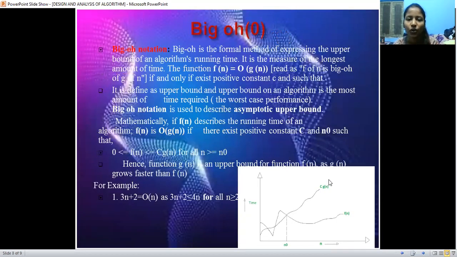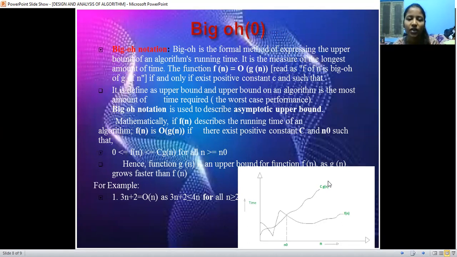And big O notation. Big O is the formal method of expressing the upper bound of an algorithm's running time. It is the measure of the longest amount of time.